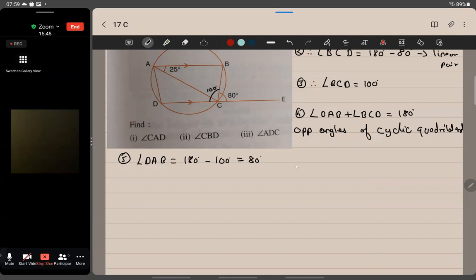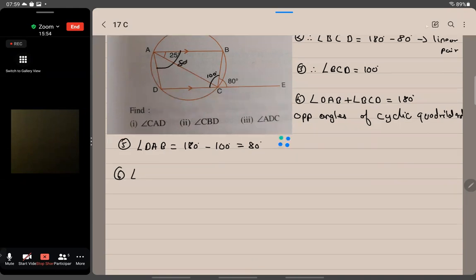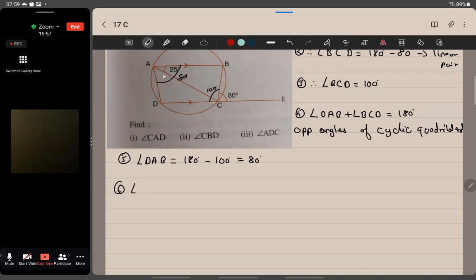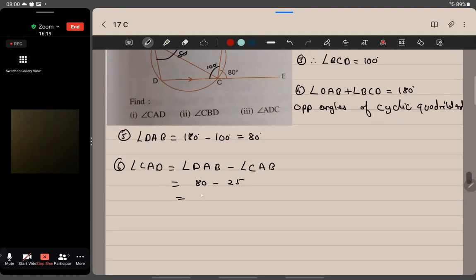Okay. So, sixth point, angle DAB, the whole thing is 80. Therefore, angle CAD is equal to angle DAB minus angle CAB, that is 80 minus 25, that is equal to 55 degrees.